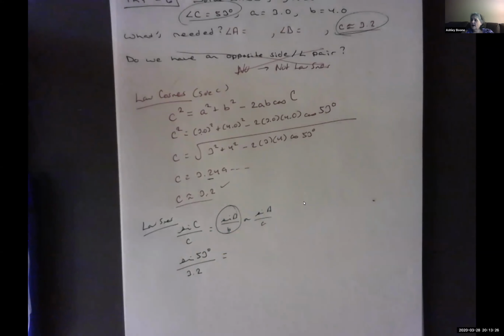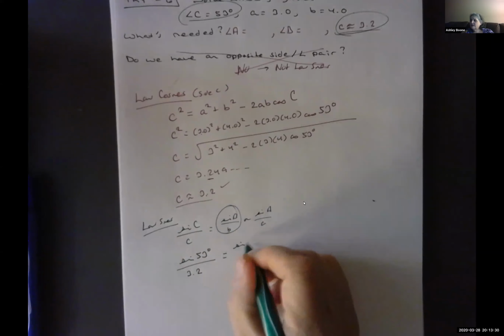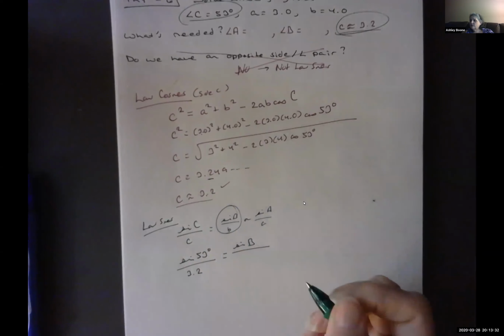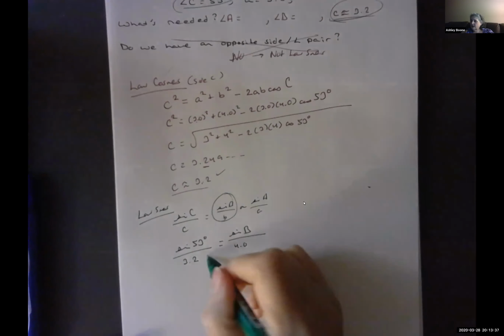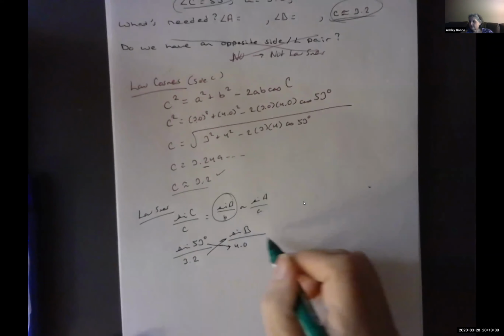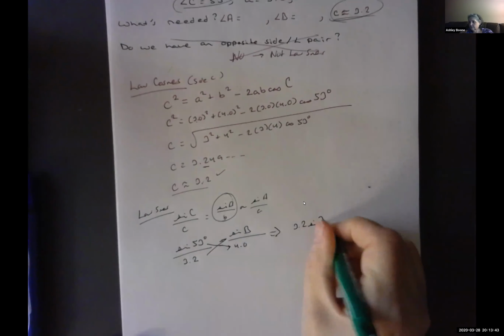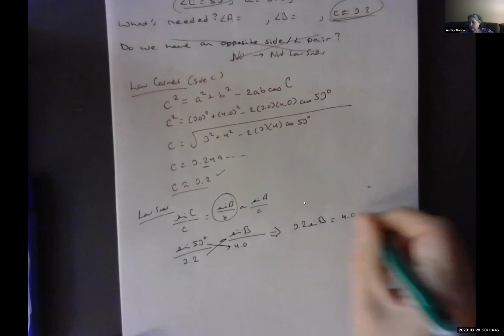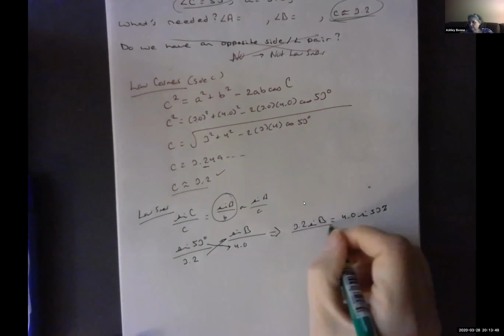I don't know angle B, so I'm going to go the sine of B is to side B, which is 4.0. Cross multiply. Divide by the 3.2.